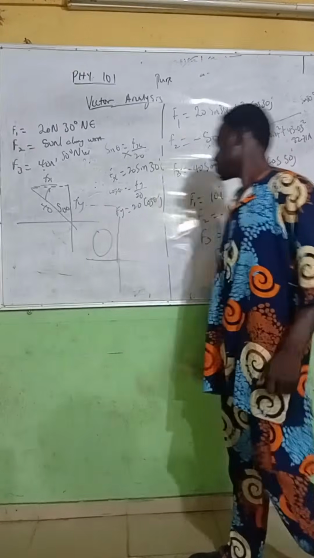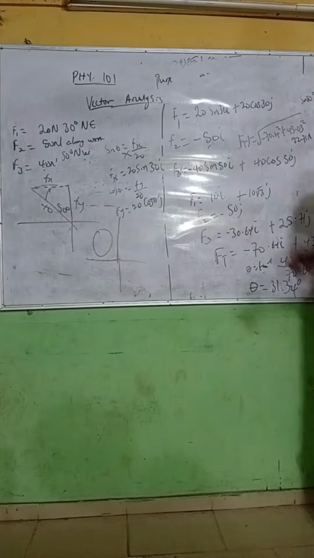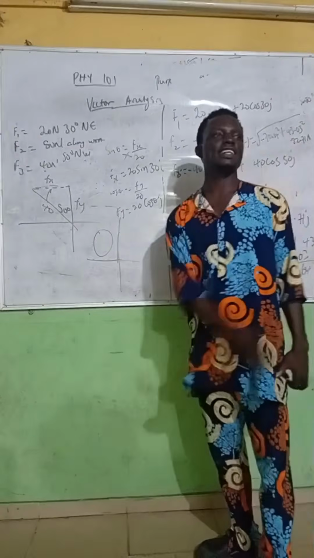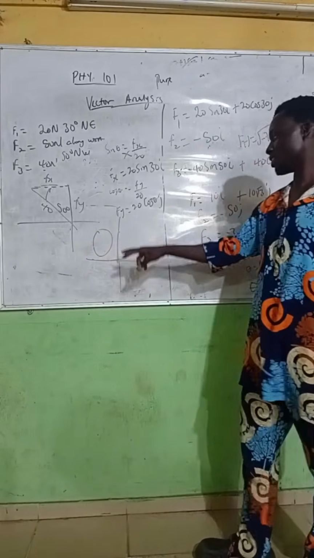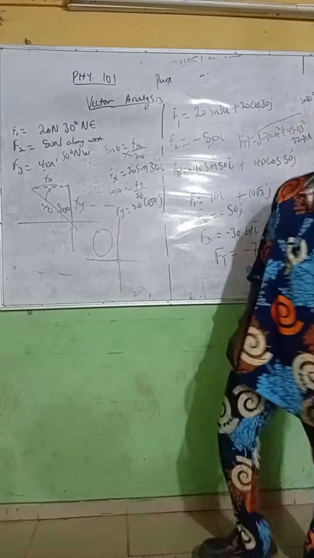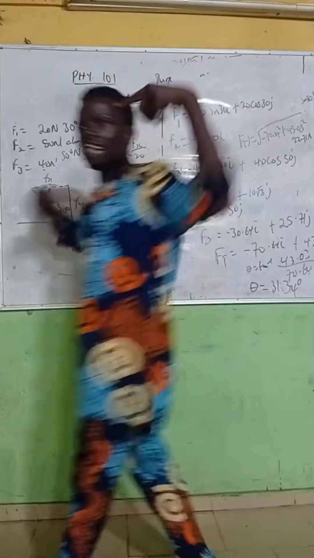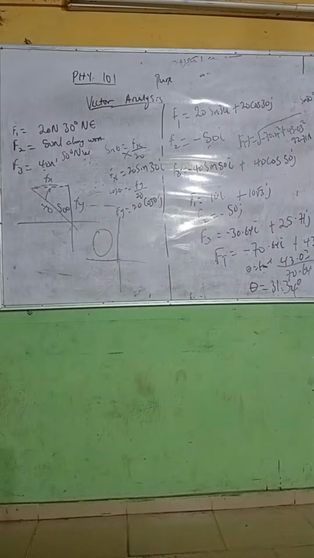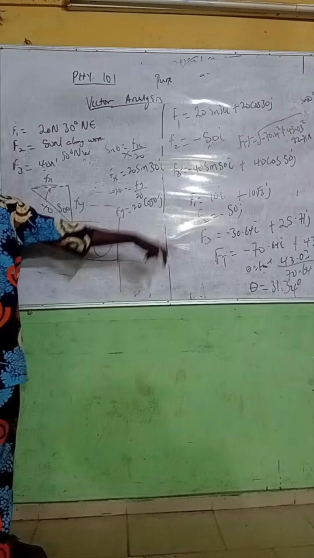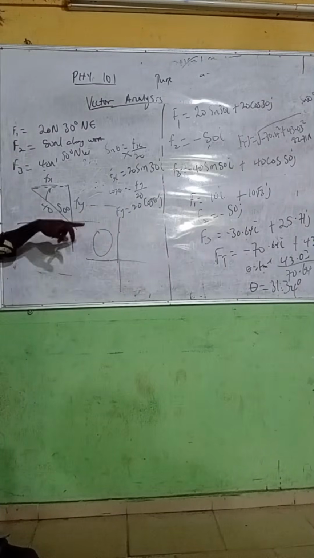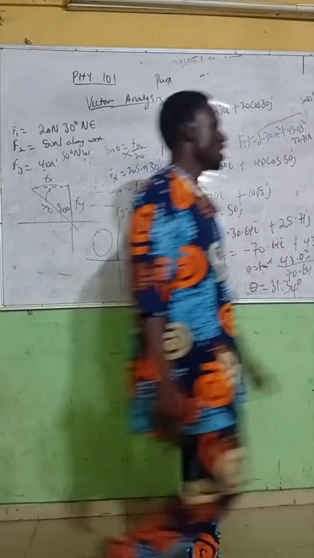That's where 31.34 degrees is, on the second quadrant to the x-axis. You don't need to put negative. The negative is because it is on the second quadrant, to the horizontal axis. So 31.34 degrees on the second quadrant to the x-axis, to the horizontal axis. I hope it's clear.